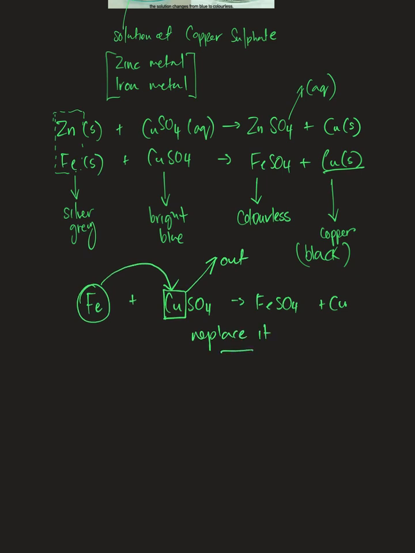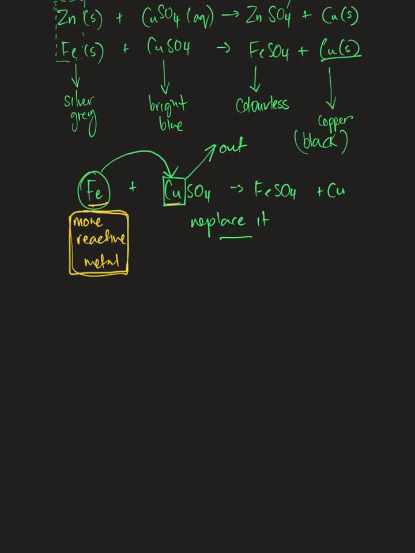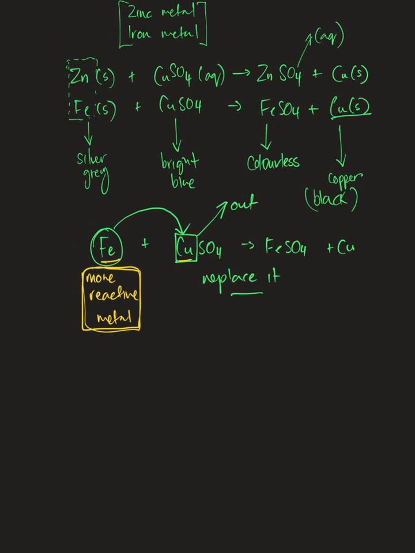So you've seen from single displacement, double displacement reactions. And how this whole thing works is we look at the more reactive metal. So between iron and copper, iron is more reactive. And when iron is more reactive, it's more likely to come to copper and say, listen, move out of the way. I need to make a product. So when we look at metals like iron, or metals like zinc, we know that they're more reactive than copper.